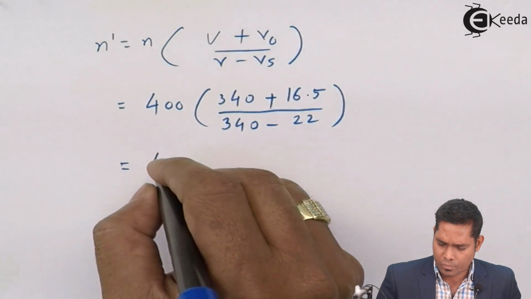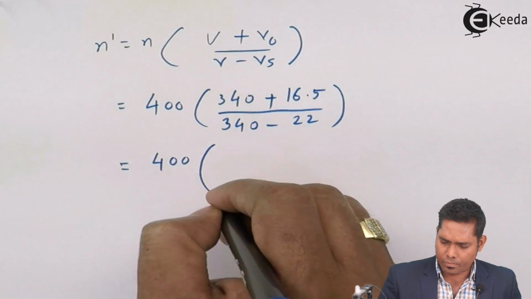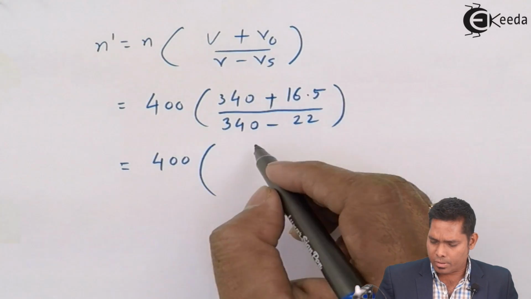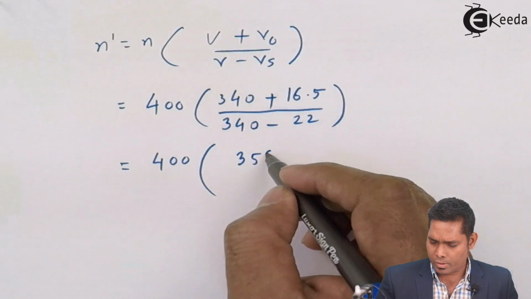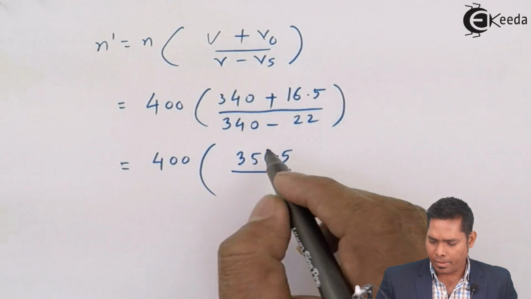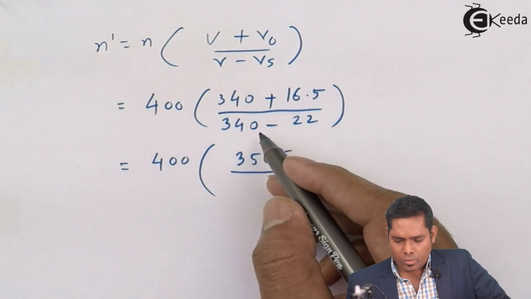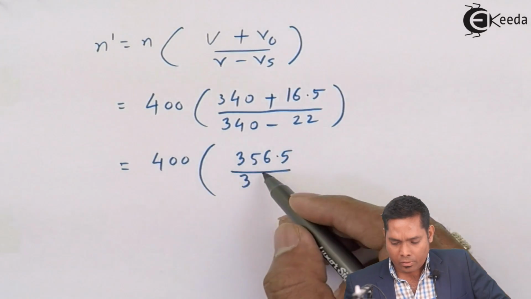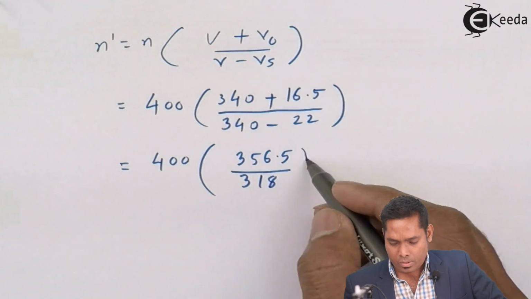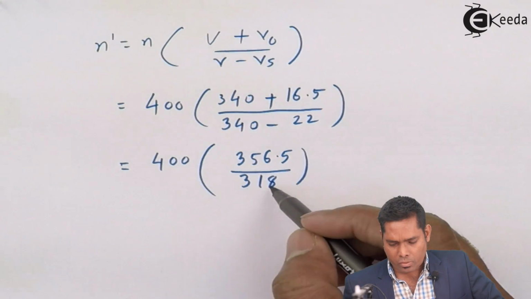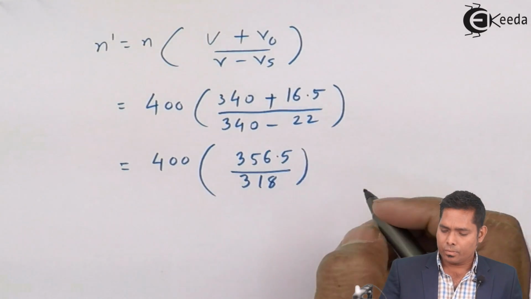Now this is 400 times 356.5 divided by 318, because subtracting 22 gives 318.